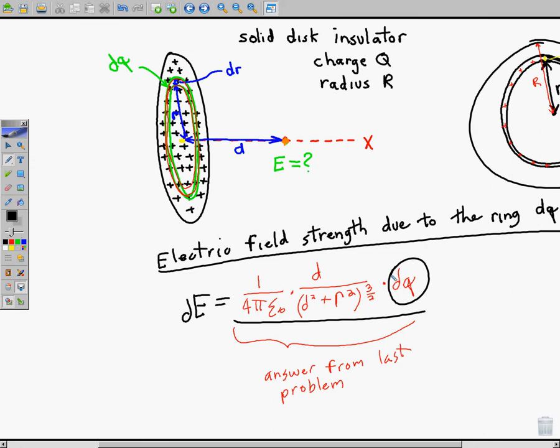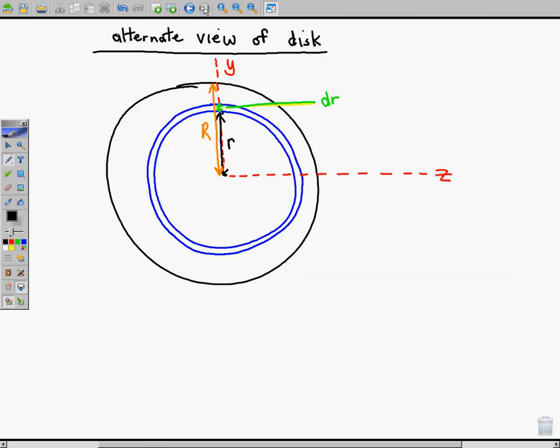Well, let's take a look at this, people. Another view, just like we did before, of the disk. Now imagine if I take that little ring right there and I cut it right here, yes? I cut it and then I roll it out. If I cut it and I roll it out, what will I end up having?